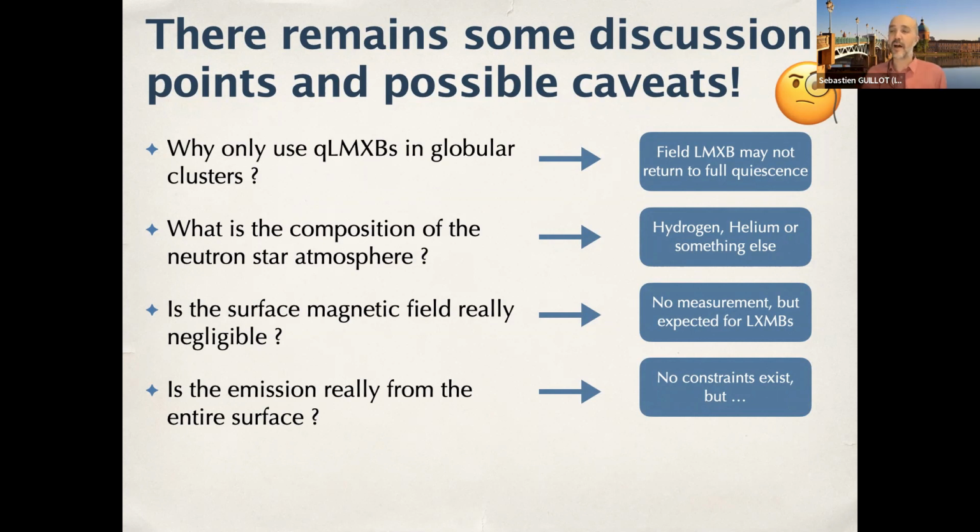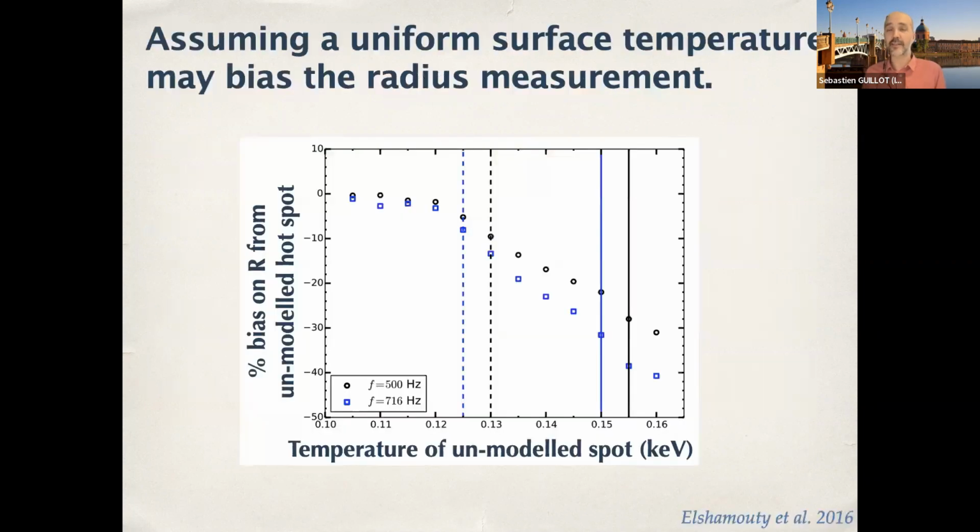This is because Chandra, which is usually used for observation of quiescent low-mass X-ray binaries, does not have the time resolution to search for pulsations that are on the order of hundreds of hertz. And so assuming that the emission comes from the entire surface, when in practice it's not, and there is some temperature anisotropy, could really lead to a bias in the radius that you are measuring.